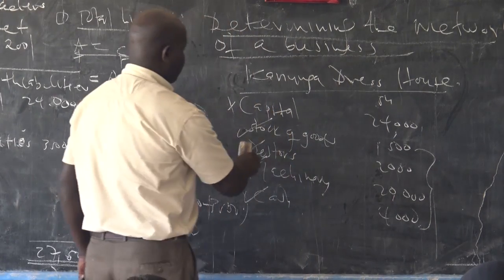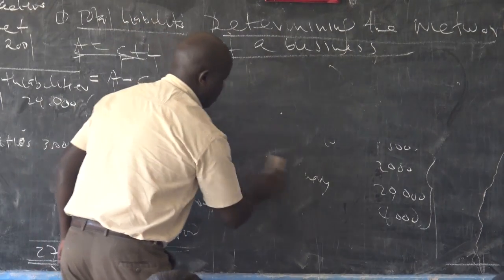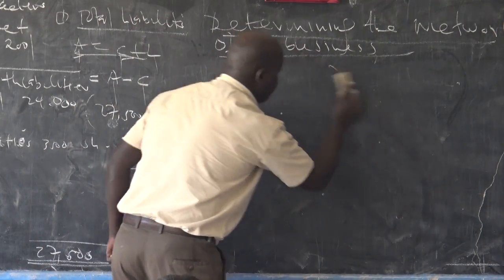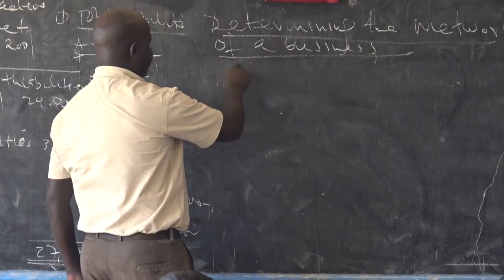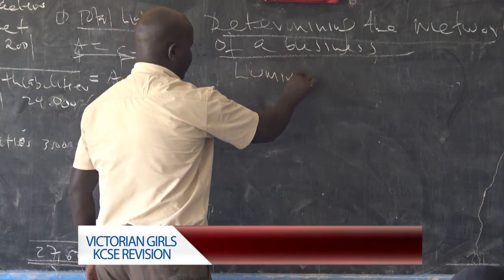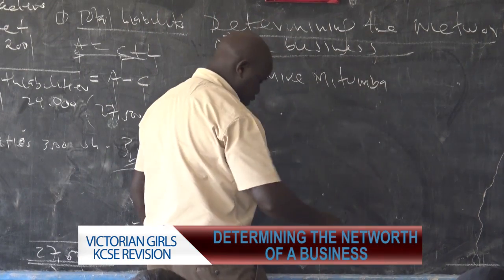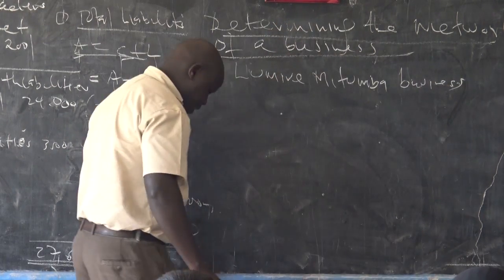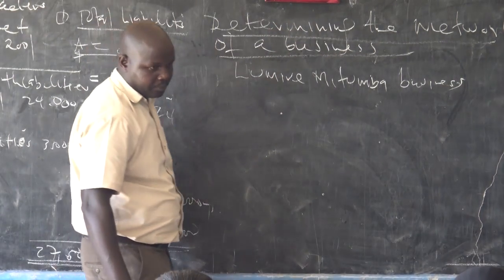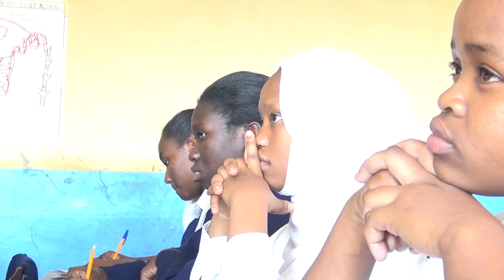So this is the information, I hope you have this. You should always extract the name of the business. So it's called Lumire Mitumba Business. This is the name we are given.